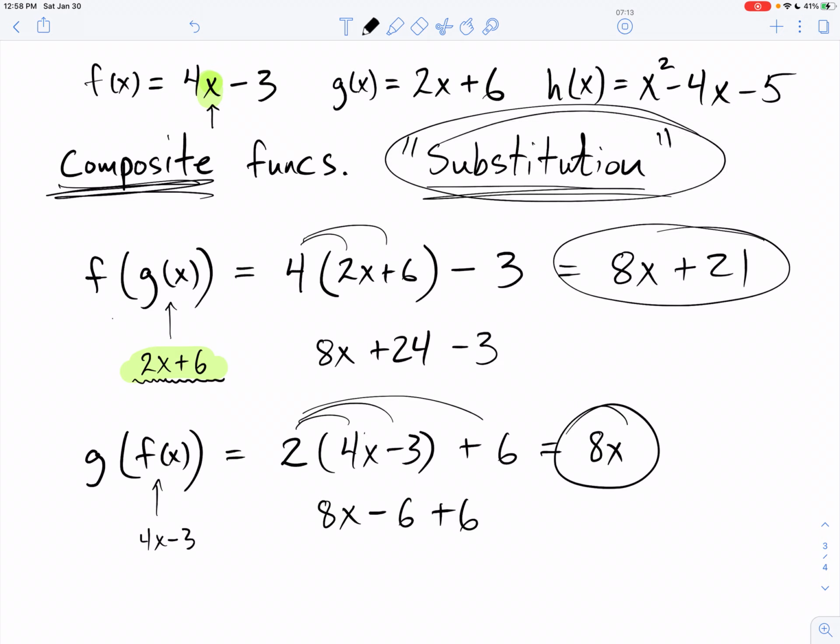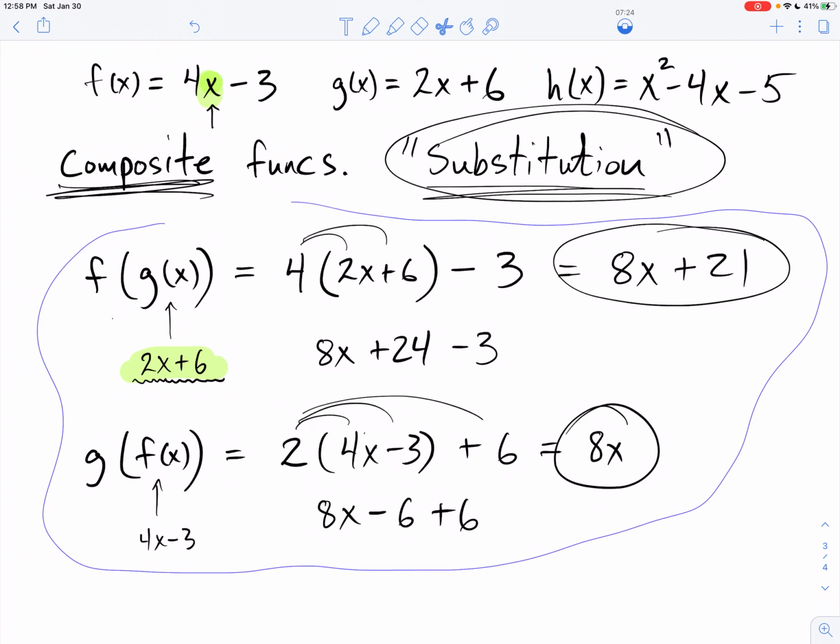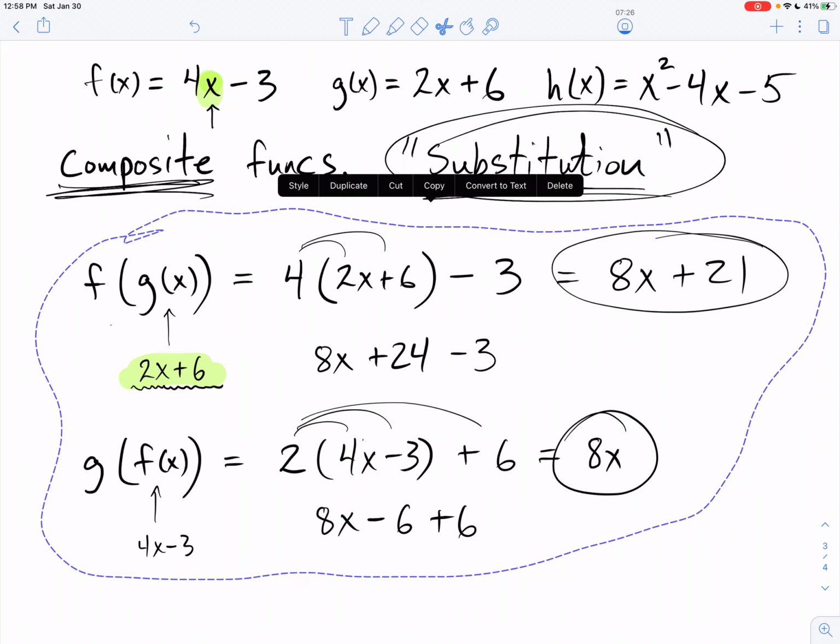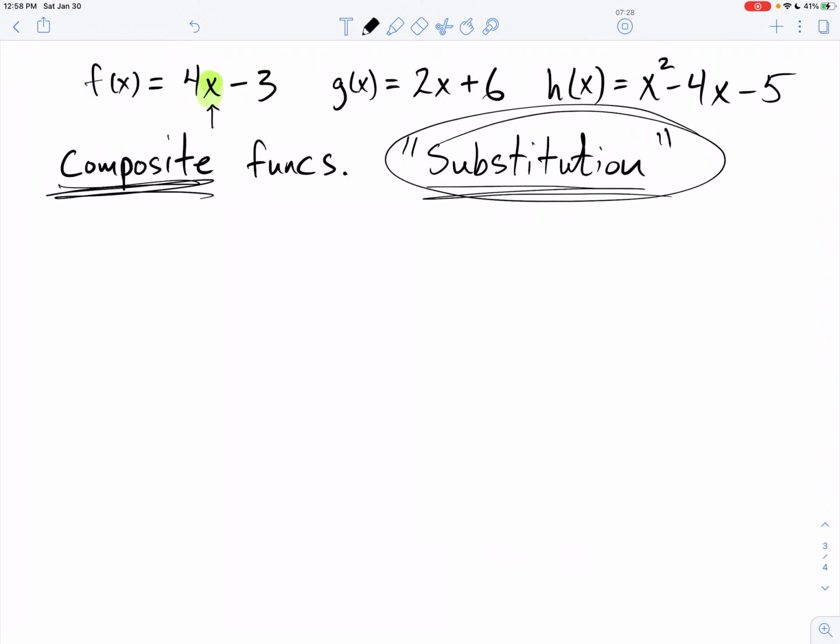So I'm gonna do what I did in the last video. I'm gonna cut all this stuff out of the way so I don't have to keep scrolling down and rewriting my functions. So cut, and we're gonna try this one. How about I do g of h of x?